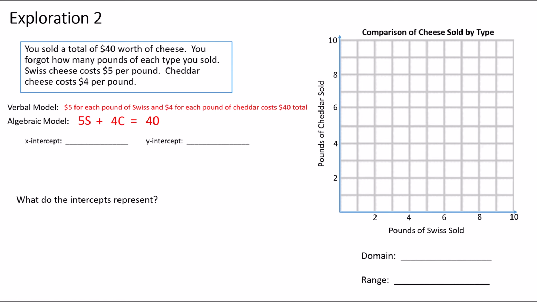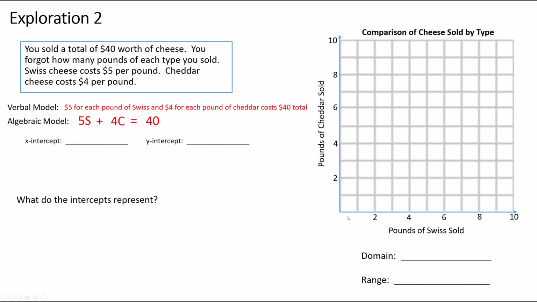Because if I already know this is going to be a straight line, then I know any 2 dots that are connected are going to form that line. So instead of just guessing and checking randomly, I'm going to pick 2 specific points. I'm going to find the x-intercept and I'm going to find the y-intercept. And once I know those, I can just connect those to give me all the other possible combinations.